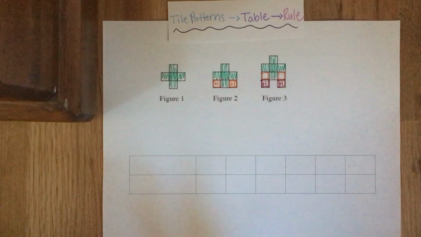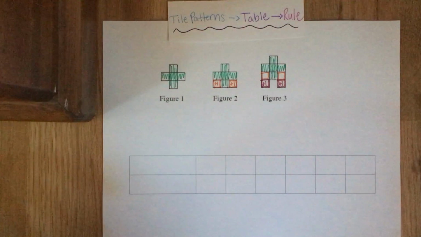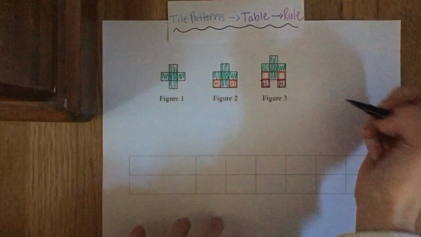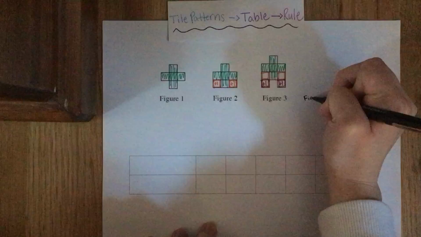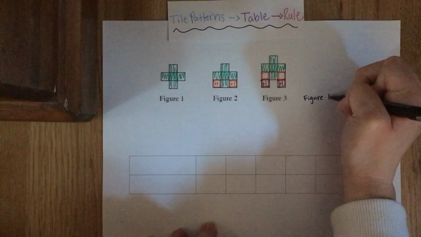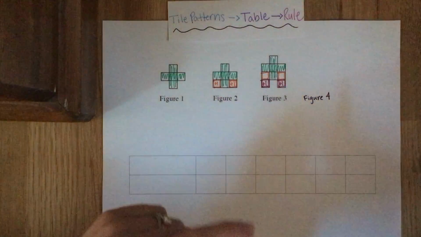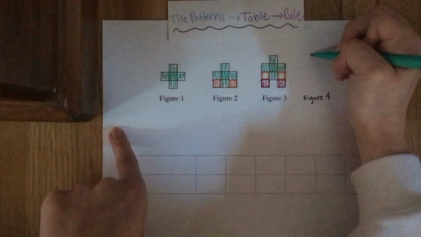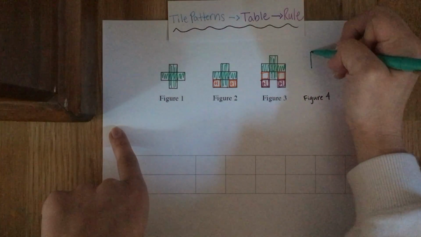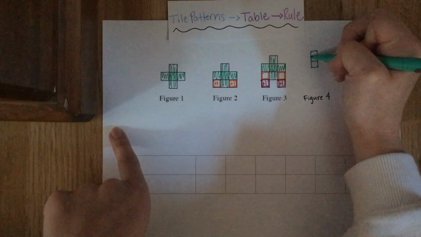There's lots of different ways. When you're showing your work on these, you're just picking the one way that you see it, and that works great. So let's go ahead and take a look. Let's try figure 4. We've got to draw some more figures here. Figure 4. So just like these previous ones, I'm going to start off with my cross shape. 1, 2, 3.